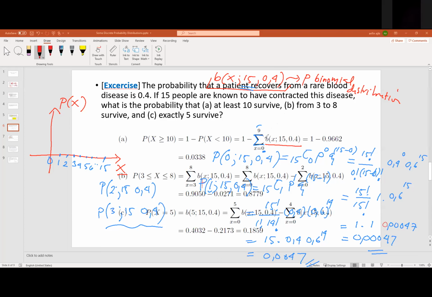Okay. Thank you, anyway, I have a question. Do you know why this should be sigma? That is total. Why is this a total? Why do we only compute the probability 9, 15, 0.4? To compute the probability of an event that shouldn't happen.